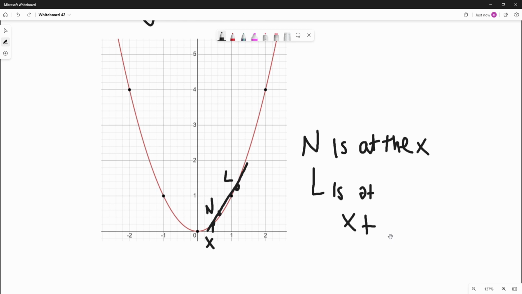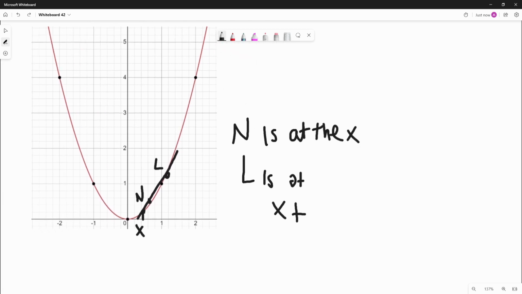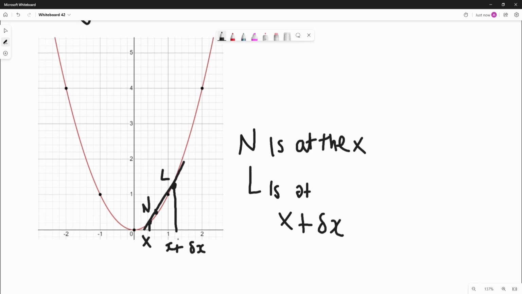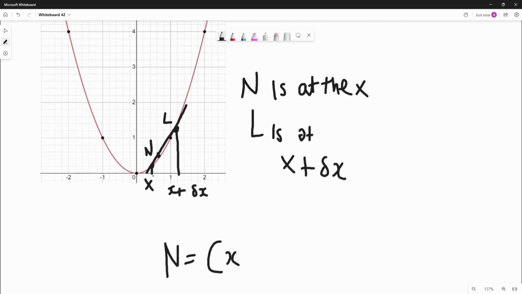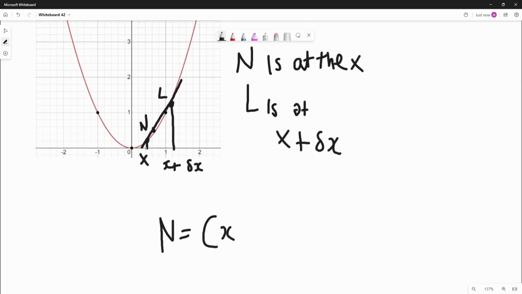The way you can write this is by using the lowercase delta, which just means a tiny little bit more of x. So L is at the x coordinate x plus delta x. Let's write this as a coordinate: N is x, which is what we're just calling this point. We're not really making it a number.